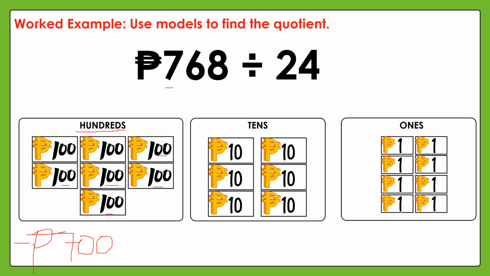Next, for tens, we need 60 pesos: 10, 20, 30, 40, 50, and 60 pesos. And for ones, we need 8 pesos: 1 peso, 2 pesos, up to 8 pesos. Therefore, we have 768 pesos.